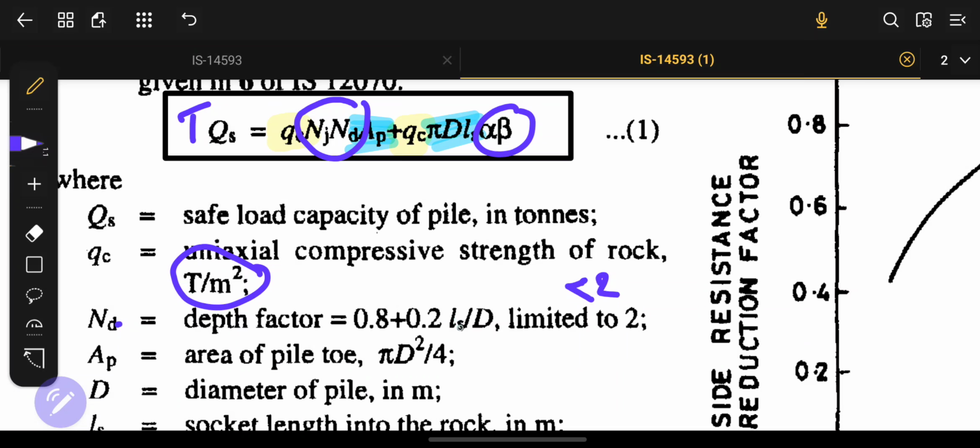If you use LS equal to 6D, then 0.2 into 6 is 1.2, and 1.2 plus 0.8 is 2. So the maximum you can use is 6D, not more than that. Even if you use more than that, ND will not increase. ND will be 2. Even if you are socketing up to say 8D, you can do that, but for ND you will use only 6D.